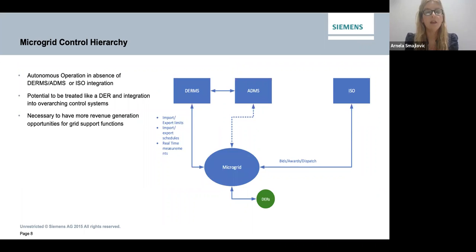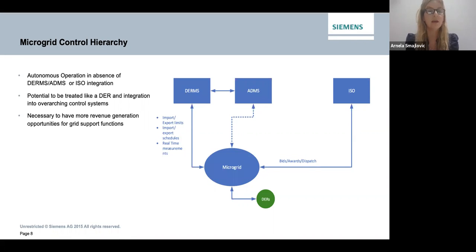Now let's see what is in that hierarchy of control within the large grid. You have DERMS with a connected advanced DMS system, ADMS in this case, you have ISOs, and then you have microgrids. What a microgrid, with its advanced controller in place, can do is bid into the market through the ISO and receive awards or dispatch instructions.